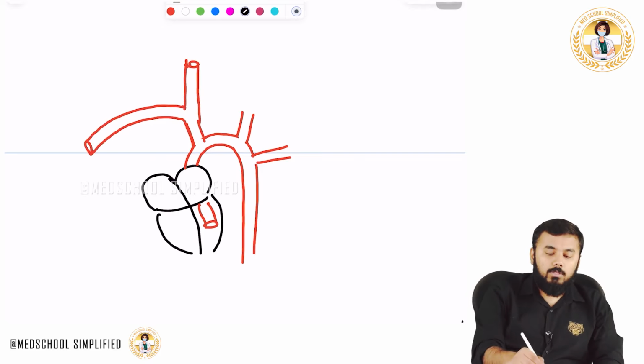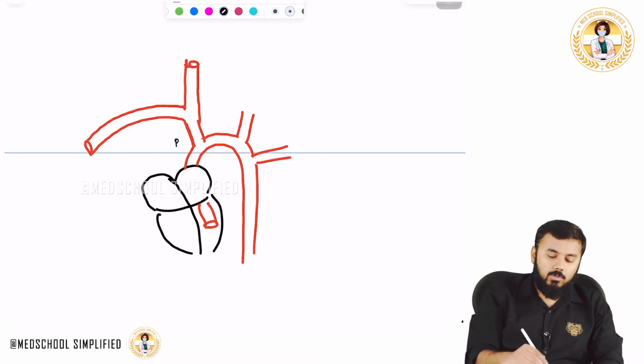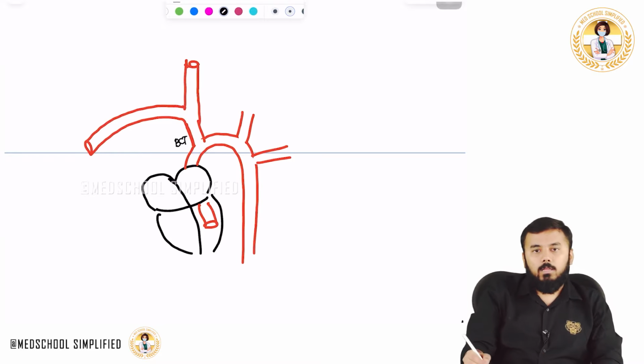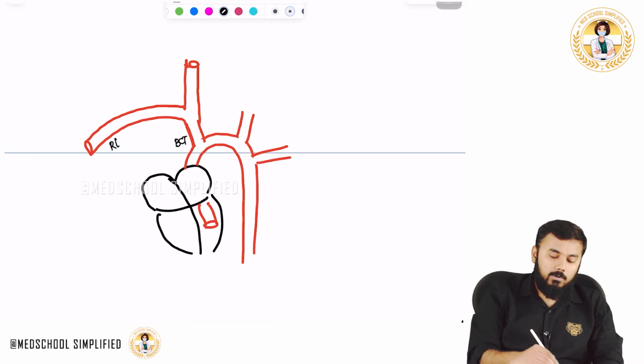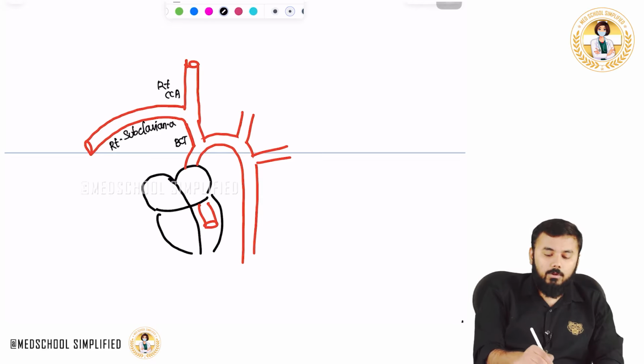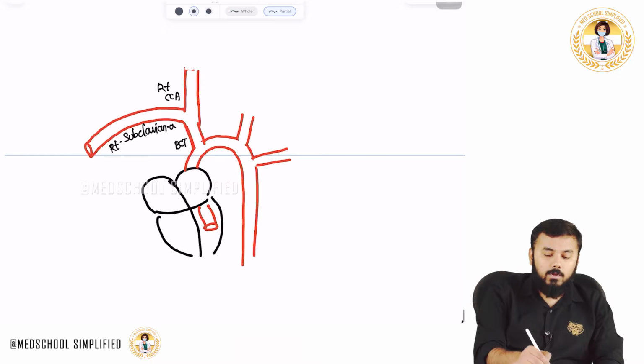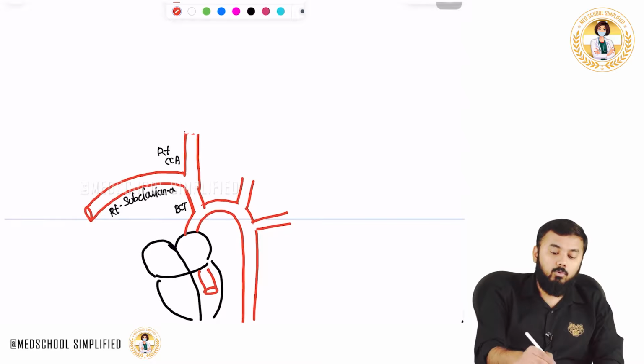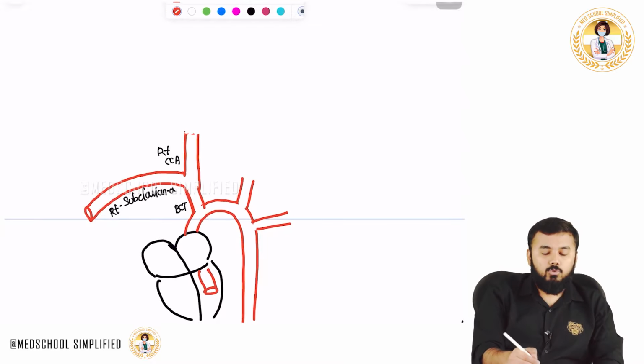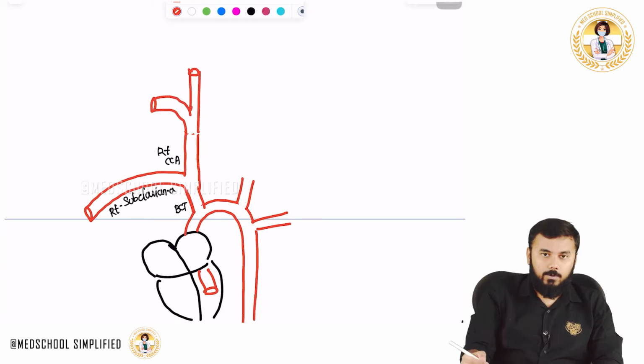This right common carotid artery is again divided into two more branches. What are those two more branches? One you call the external carotid artery, another one is called the internal carotid artery.